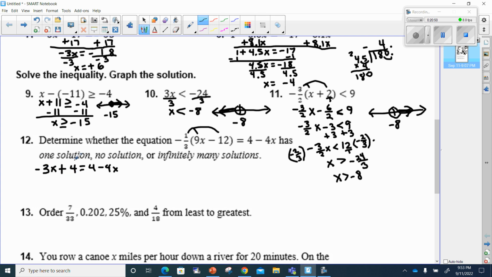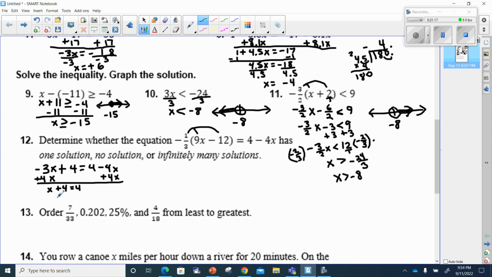I would go ahead and find positive variables. So I'm going to add 4x over here, which means I'll add 4x on this side. This gives me x because 4 minus 3 is 1, so x plus 4 equals 4.